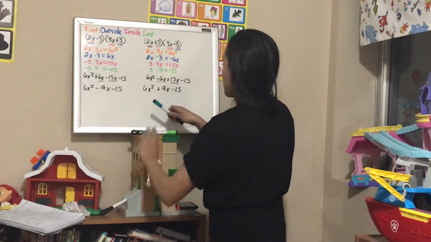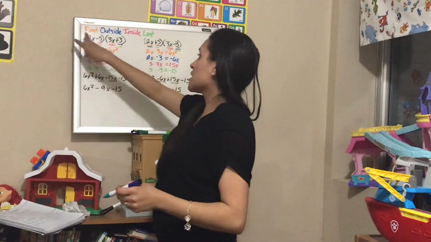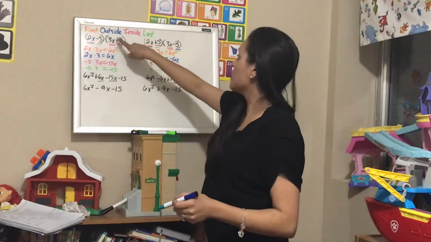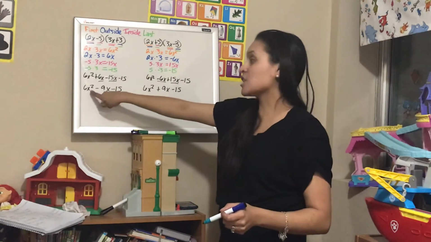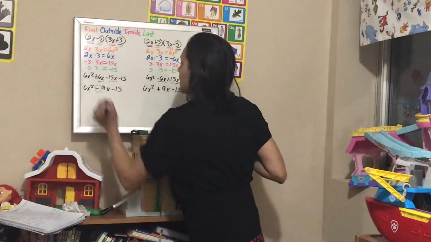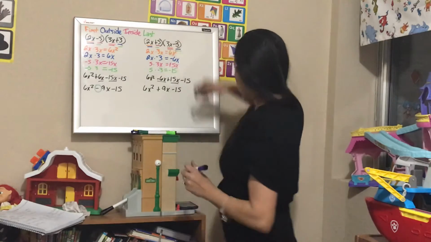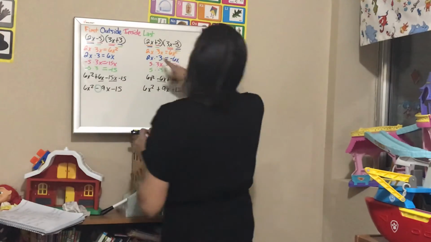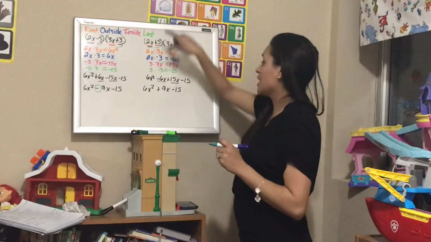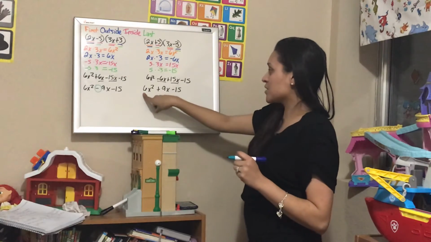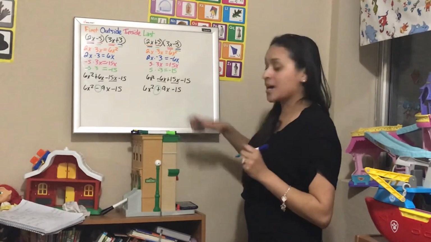Now you'll see here in our final products, 2x minus 5 times 3x plus 3 gives us 6x squared minus 9x minus 15. And multiplying the binomials 2x plus 5 times 3x minus 3 gives us 6x squared plus 9x minus 15.